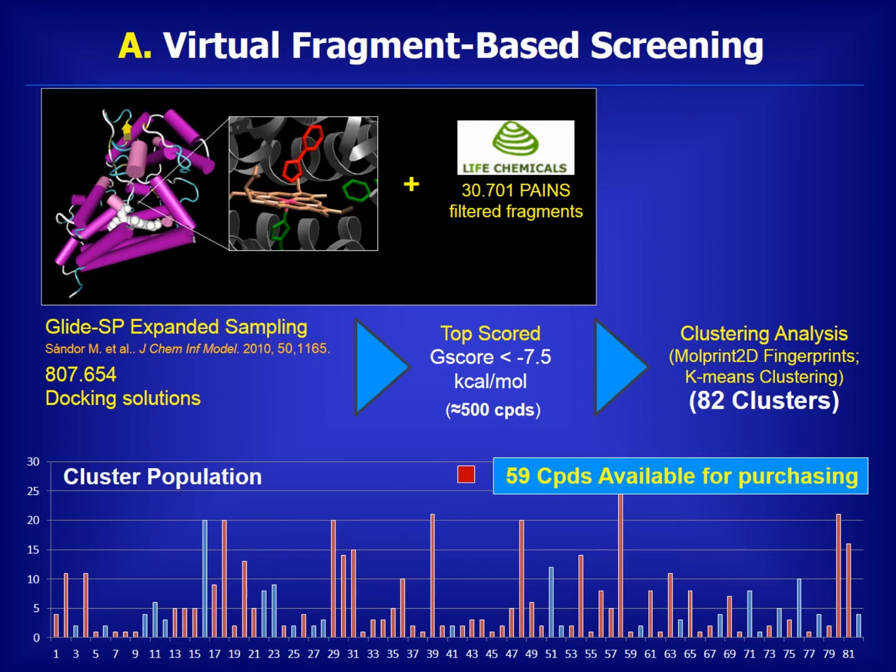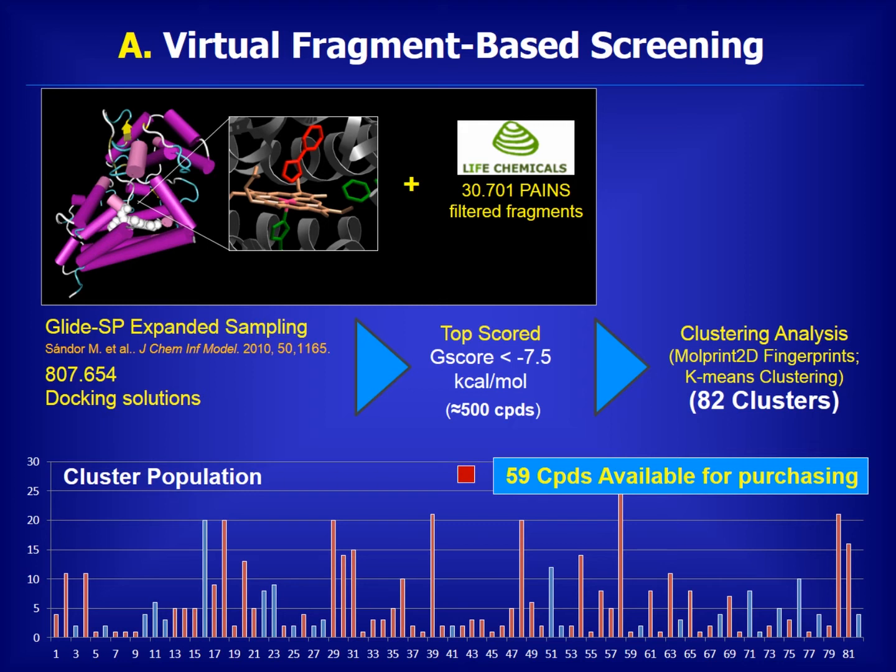So, in the first step of our workflow, we screened a library of commercially available compounds to identify molecules with fragment-like features, such as molecular weight lower than 300 Dalton and C-log P lower than 3.